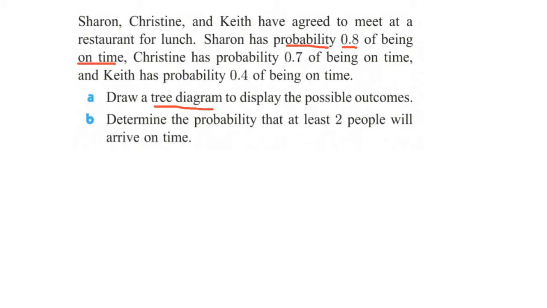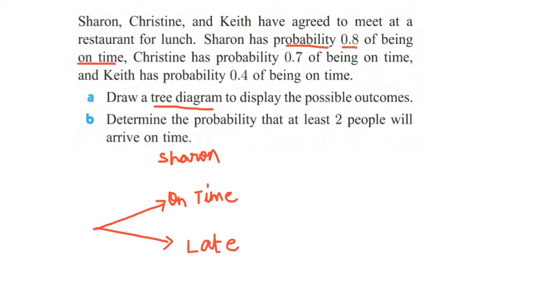So we have here three sets of information about Sharon, Christine and Keith. At first I'm going to start with the information I have for Sharon. There are two possibilities. Sharon will be on time or she will be late. I'll write the probabilities later on.